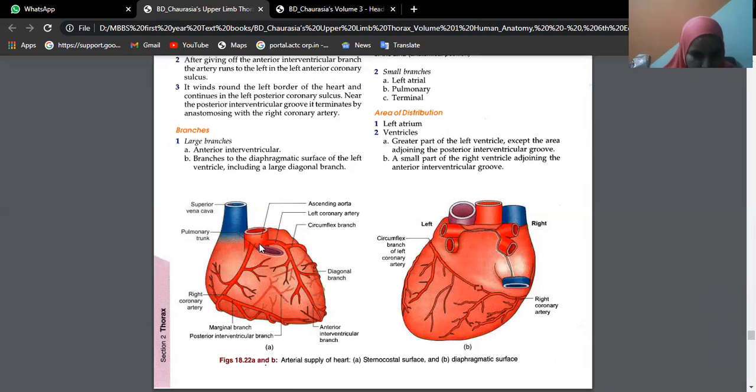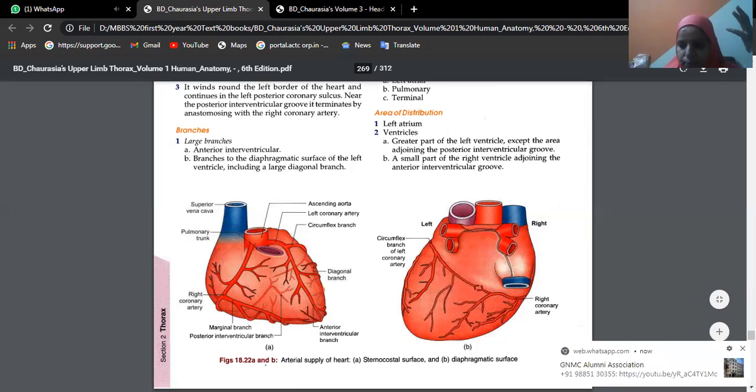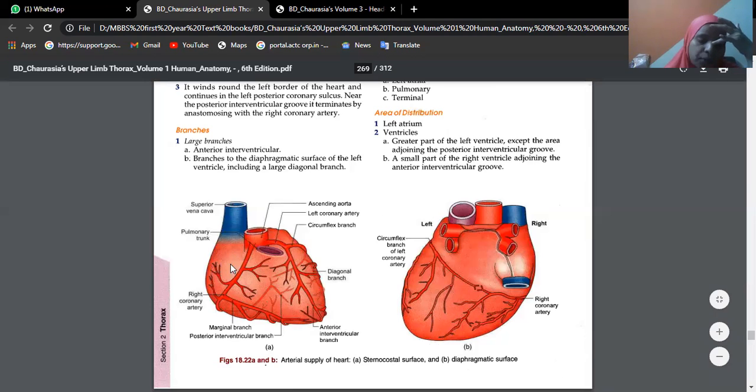Beta, the course has started like this and it has continued behind. Now, the right coronary artery, as the name suggests, chiefly supplies the right atrium and right ventricle, both from the anterior and posterior aspects. Into the right atrium, you have so many small branches.